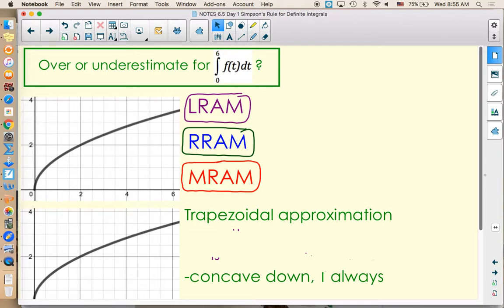So as we look through what we knew about left rectangular approximation, depending on what the curve looked like, that could be an over or under estimate. So for our particular curve, if we wanted to break this into, let's say, 3 rectangles, our first rectangle's height starts at the left with left rectangular, so our first rectangle would contribute 0 to the total area under the curve for that interval.